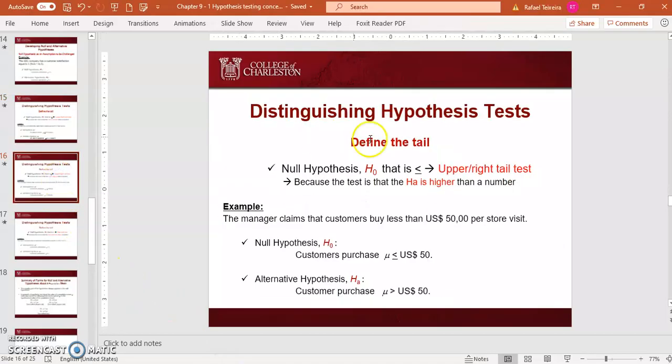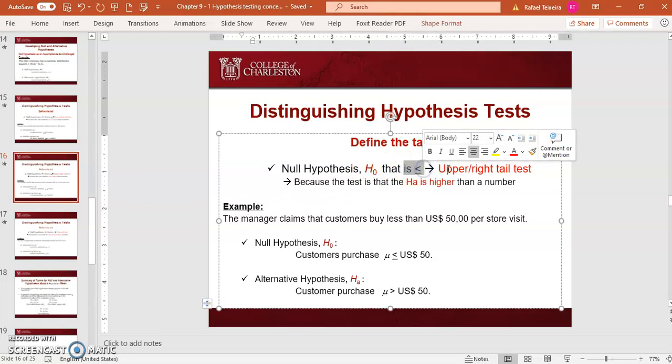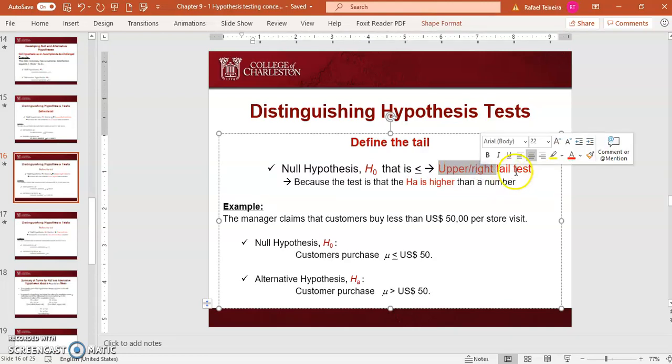Let's take a look at another one. If the null hypothesis says that the mean or proportion is smaller than any given number, then we have an upper right tail test. That's because the alternative hypothesis is that the mean is higher than the number. Let's take a look at this example. The manager claims that customers buy less than $50 per store visit.